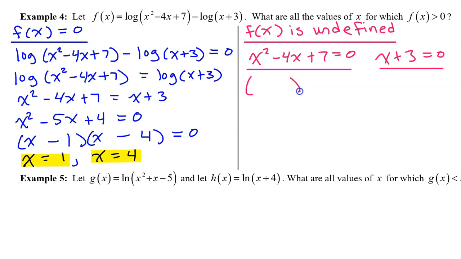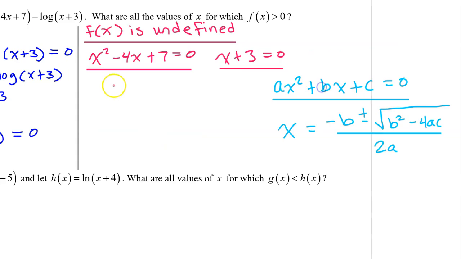I would love it if this was factorable, but it is not. So we will have to solve using the quadratic formula. X will equal the opposite of b, so that's positive 4, plus or minus the square root of b squared, 16, minus 4 times a, which is 1, times c, which is 7, all over 2a.